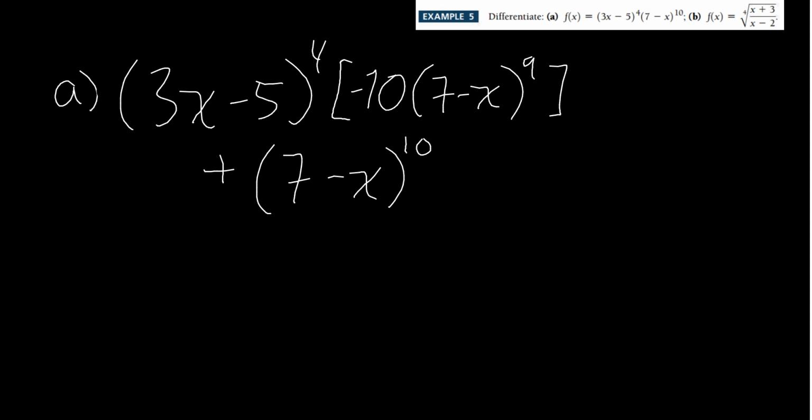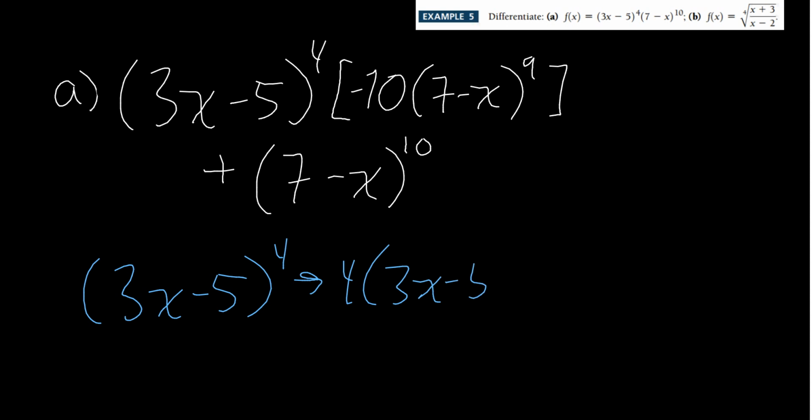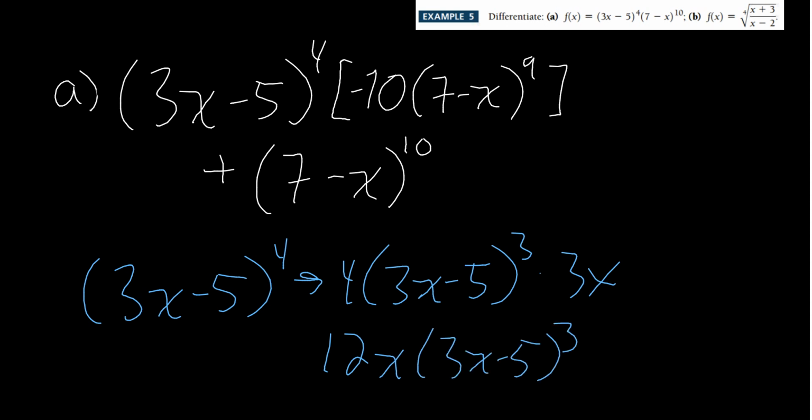Well, what's the derivative of the first? Well, let's write it out down here. 3x minus 5 raised to the fourth power. Okay. The derivative of it would be 3x minus 5 raised to the third power times 3x, and the 3x and the 4 multiply to get 12x times 3x minus 5 cubed.